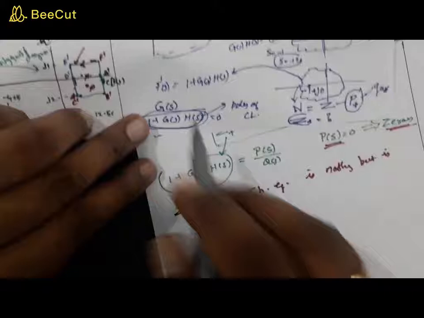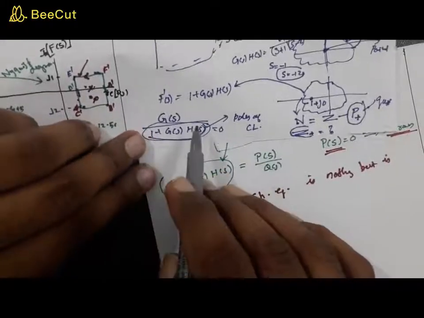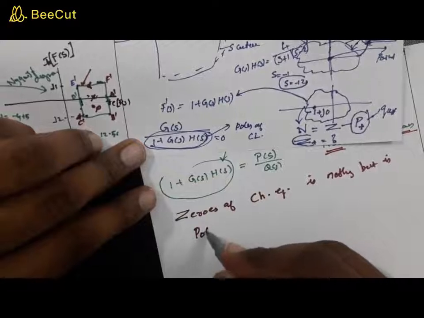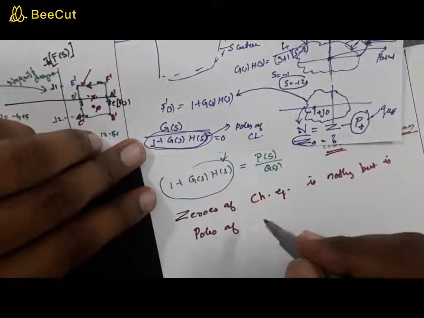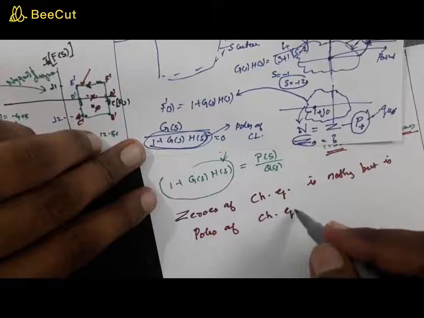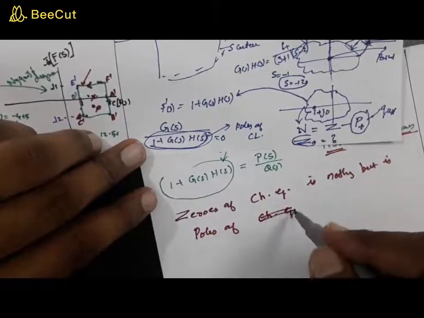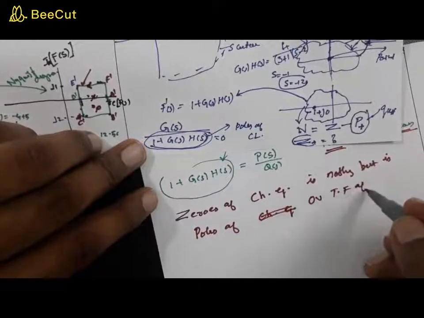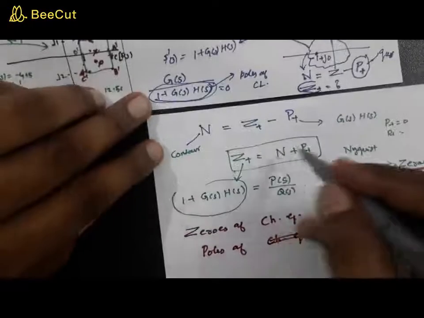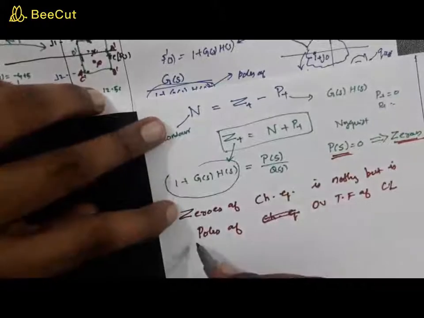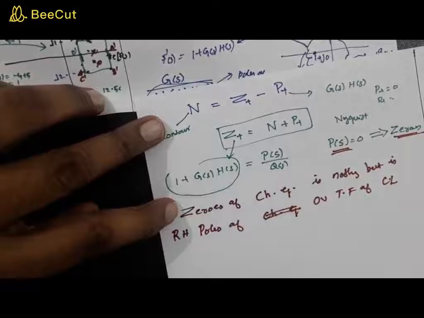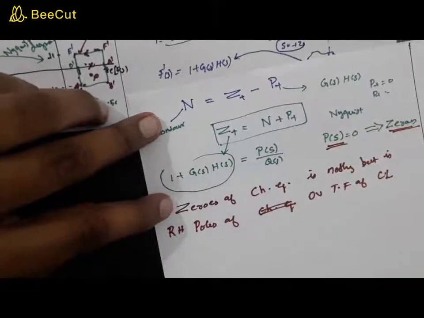Since it is the denominator of the original transfer function, what you are doing is finding the poles of the overall transfer function of the closed loop system. Now what about this Z plus? When you consider this as Z plus, you will say that this is the right half poles of the transfer function, and that is what we need.